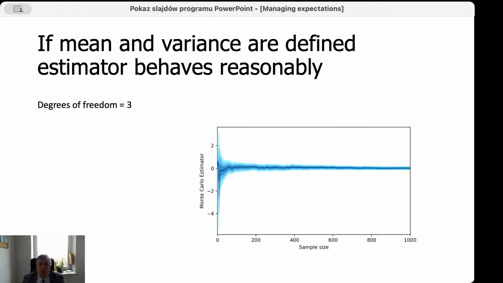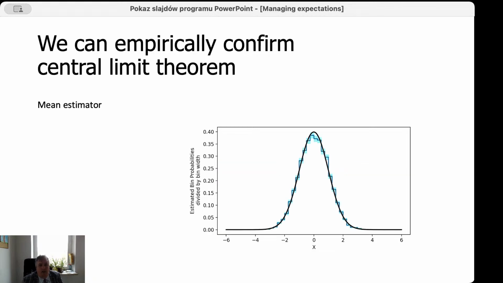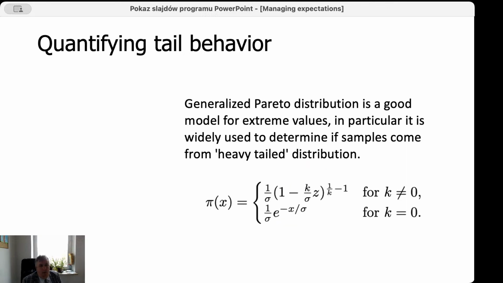However, if mean and variance are defined, then the estimator behaves reasonably and converges, with reproduction of both uncertainty and the actual mean, and the estimator behaves very, very normally.